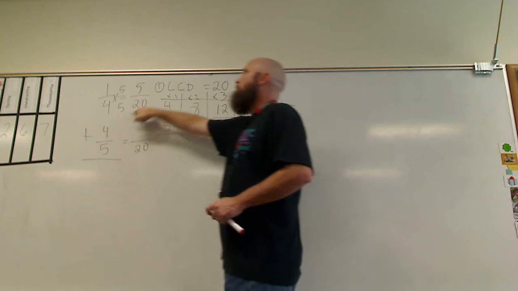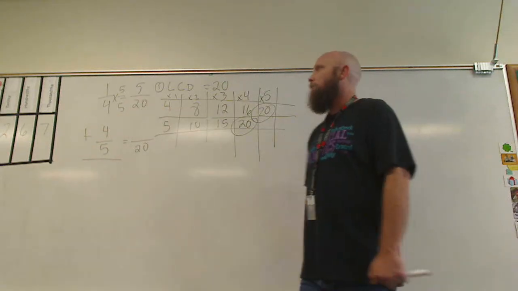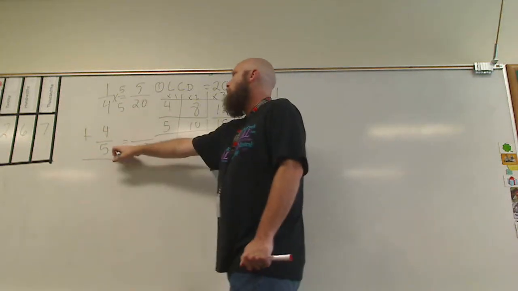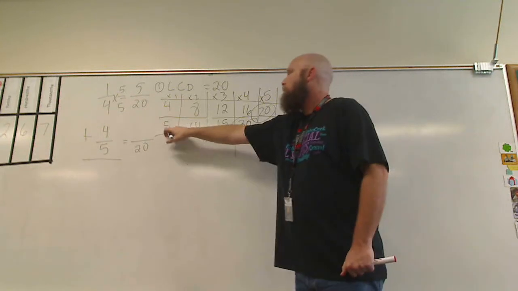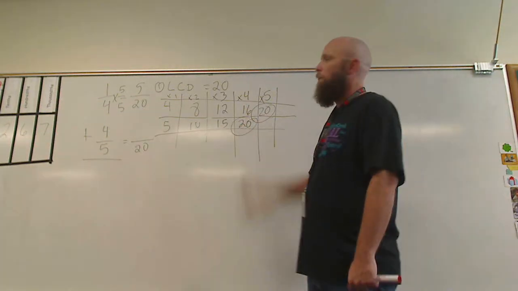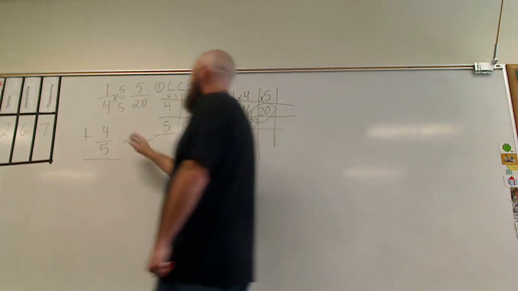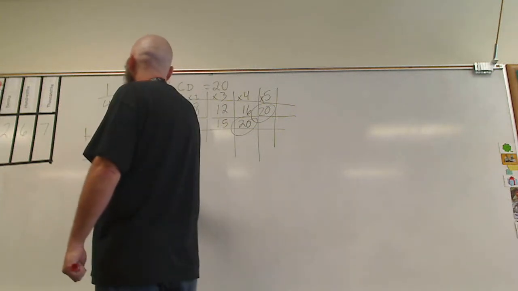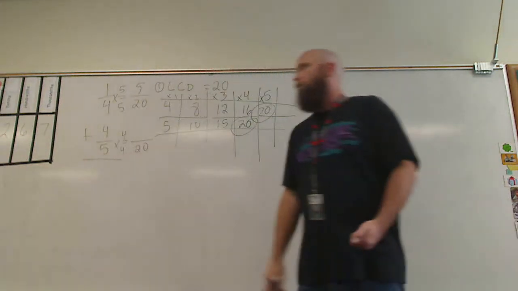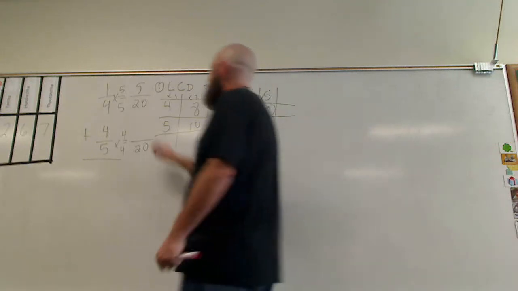And we already did 4 times 5 is 20. Then I have to multiply here. What did I multiply 5 by to get 20? 5 times 4 is 20. So I can multiply both of these by 4. And 4 times 4 is 16.